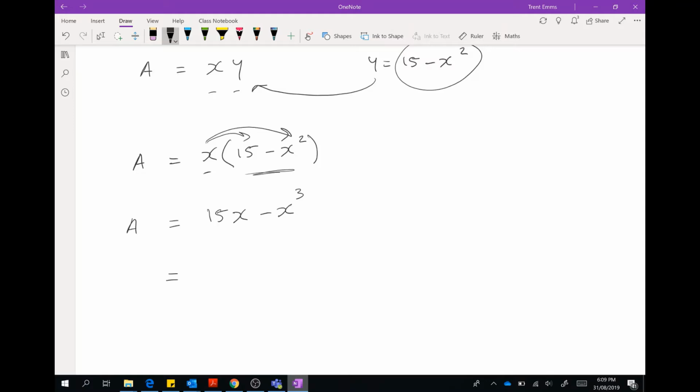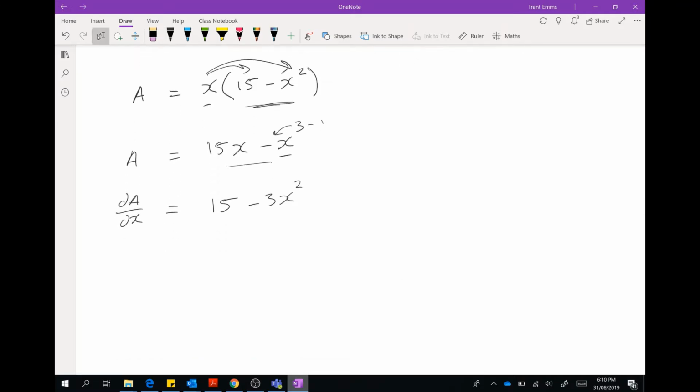So we're going to differentiate this side here. We're going to get 15x is going to differentiate to 15, and x cubed will go to negative, so the 3 will times the front, negative 3x, and take 1 off the power, negative 3x squared, and that's A dash, or dA by dx.